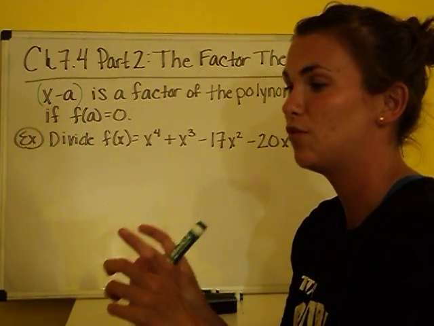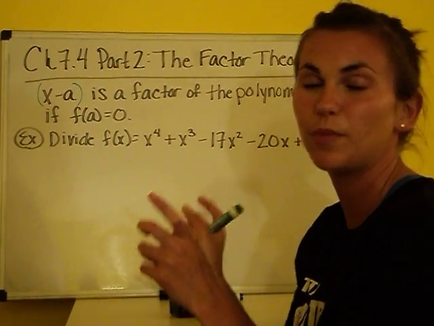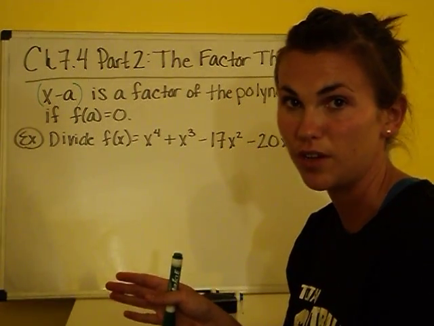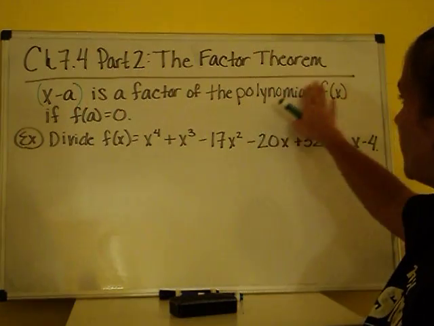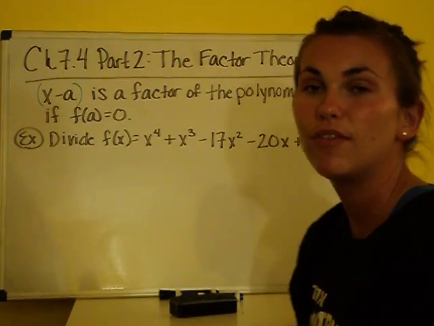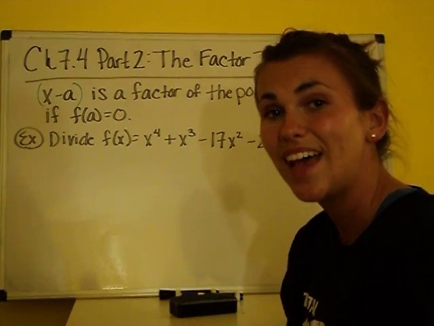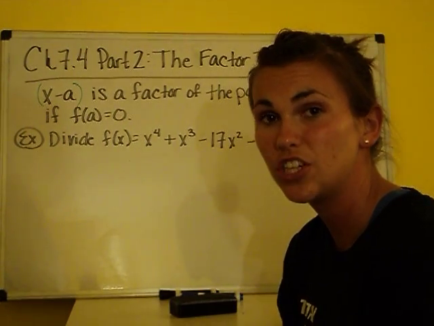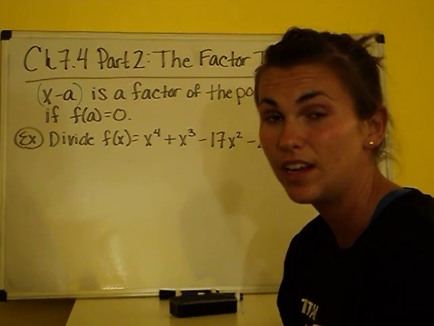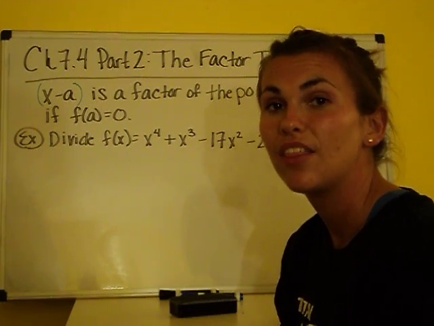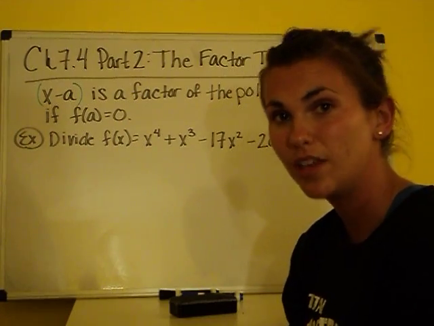So we're going to be looking for little pieces that we can all multiply together to get one big polynomial. So x minus a is a factor of the polynomial f of x if f of a equals 0. That says that if you use synthetic division, given that certain 0, and the remainder is 0 itself, then that is a factor of the polynomial given to you.